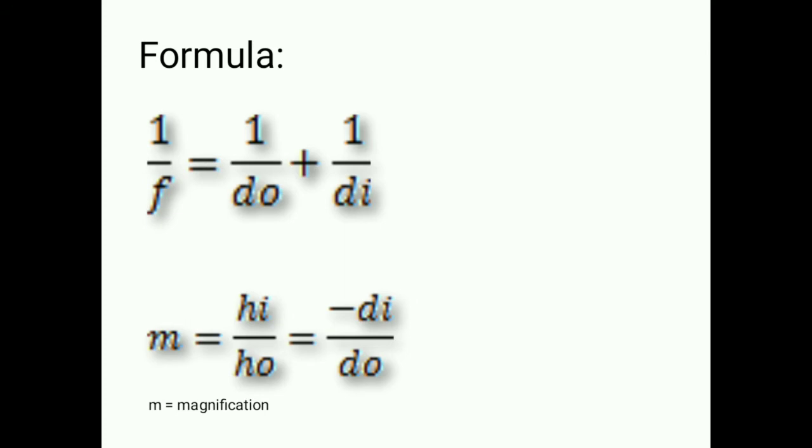But if we have no value for those two, we're going to use negative DI, or the distance of the image, over the distance of the object to find our magnification.